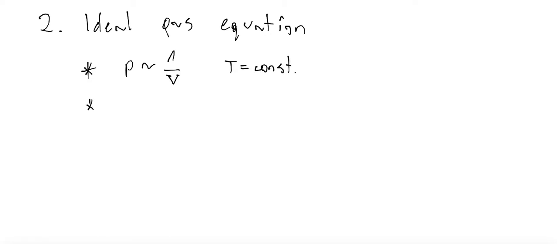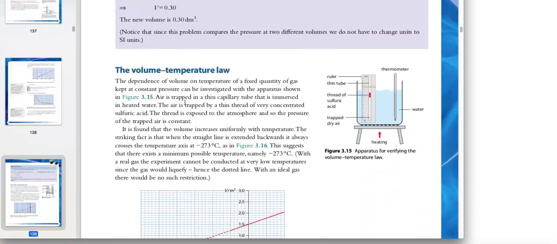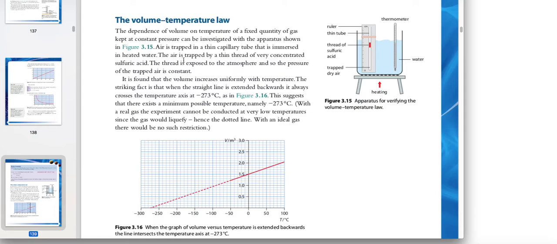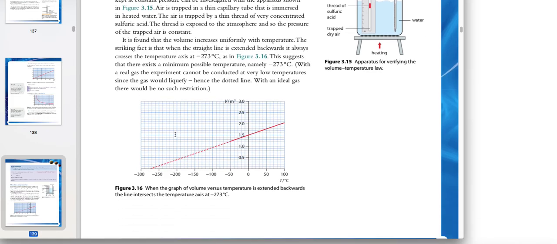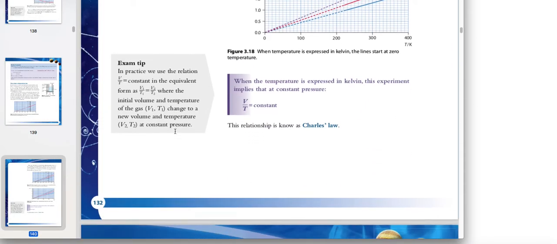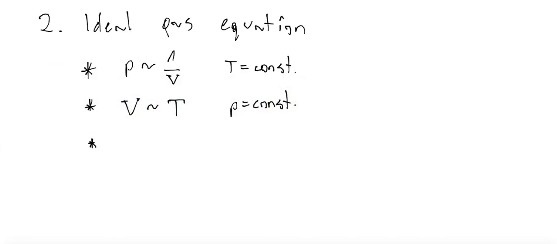The second law was related with volume and temperature. Volume is directly proportional to the temperature in Kelvin if pressure is constant. And the third law is the relation between pressure and temperature. Pressure is directly proportional to the temperature if volume is constant. Okay?